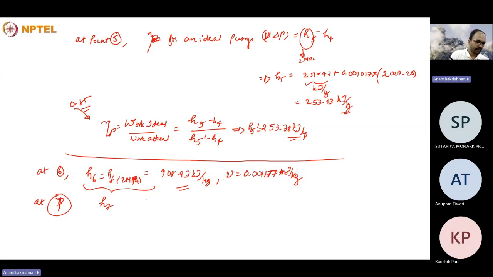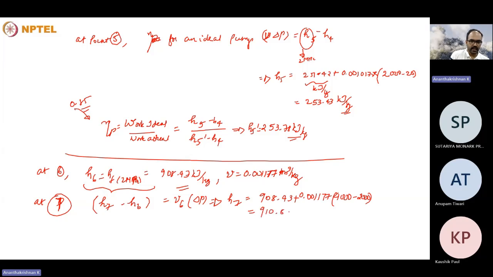H7 minus H6 will be equal to the ideal enthalpy at the exit of the high pressure pump, which is equal to v at point 6 into delta P. From here, H7 will be equal to 908.43 plus 0.001177, just like the previous case, 4000 minus 2000, that will be equal to 910.8. This is the ideal value.